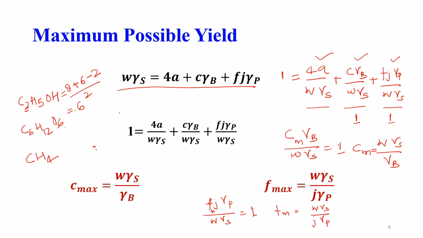For glucose it is carbon 24, hydrogen 12, minus oxygen 12, divided by carbon atoms 6, so this will be 4. For methane it is carbon 4 and hydrogen 4 divided by the carbon atom count of 1, which equals 8.